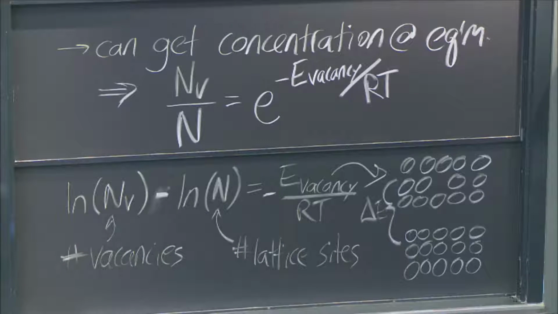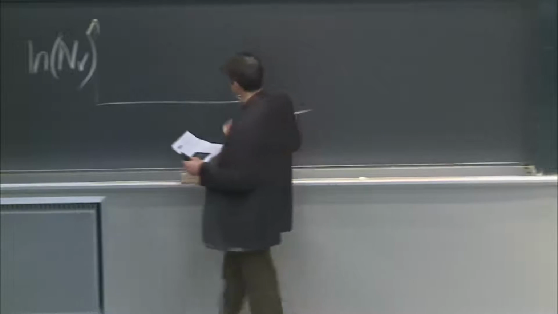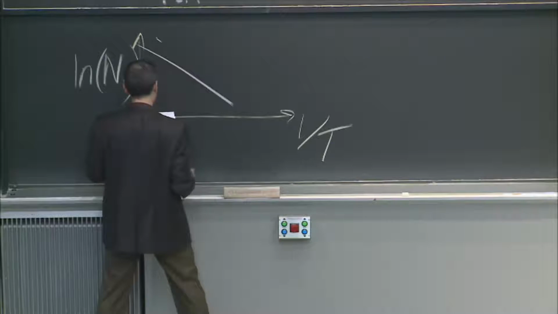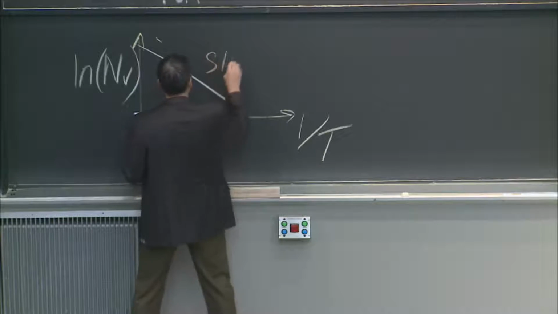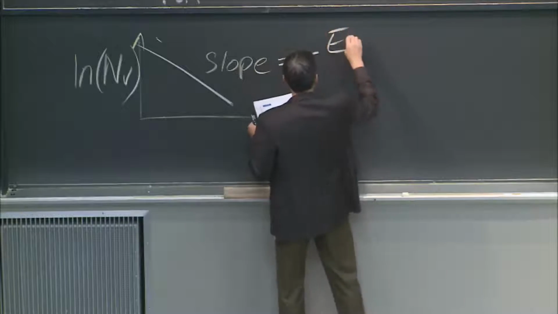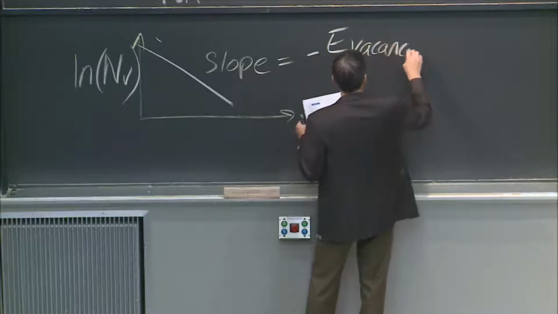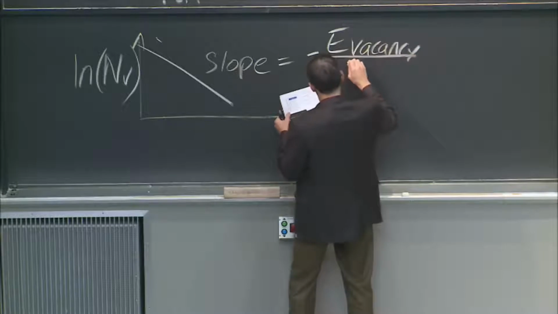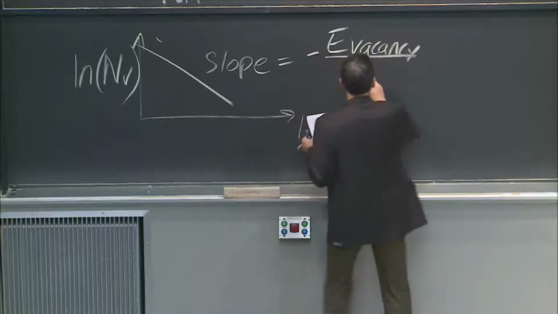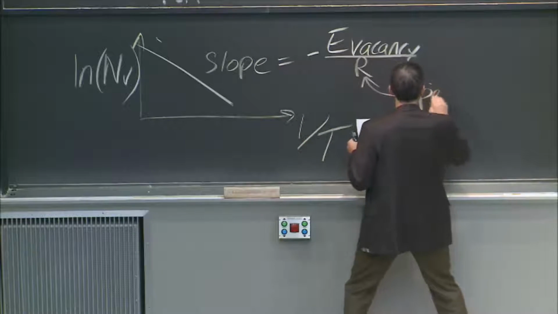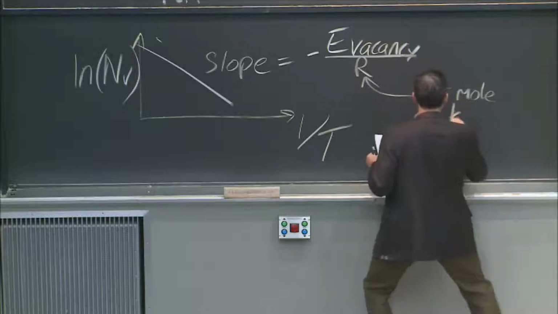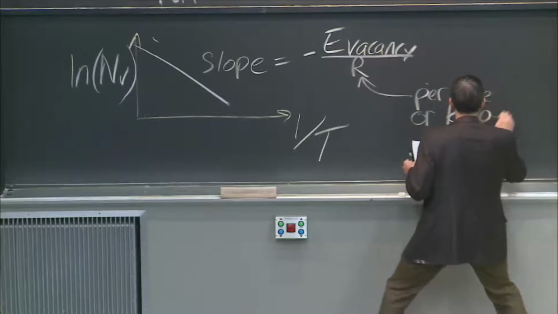And if you plot that log N_V versus temperature, you get this really nice linear line. The slope of that line is equal to minus E_vacancy divided by R, per mole, or it could be k_B if it's per atom.